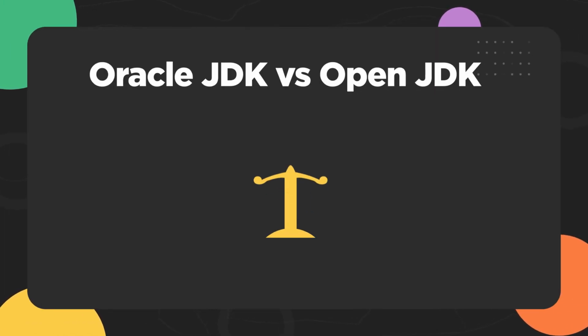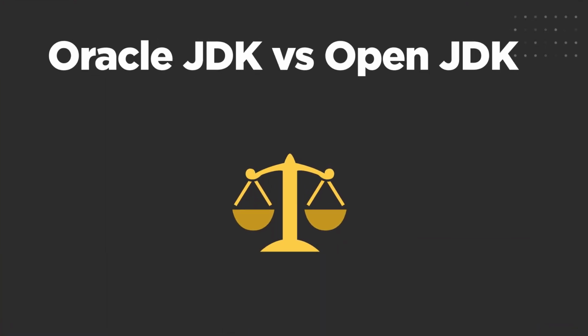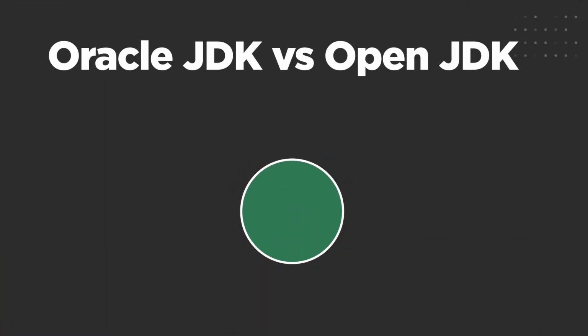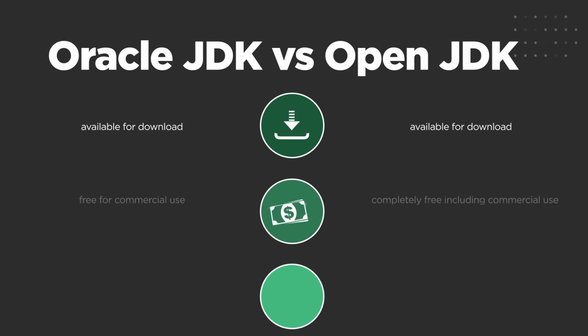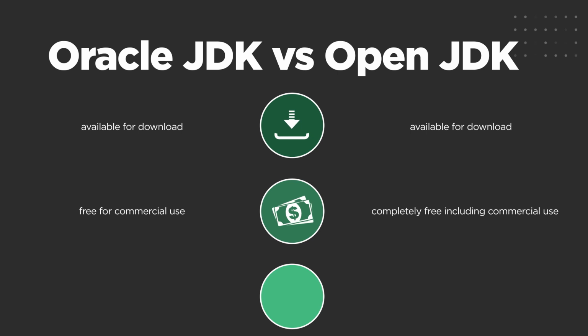Let's also discuss differences between Open JDK and Oracle JDK. You will notice that you have Oracle JDK and Open JDK available for your download. Probably the main difference for you right now is that Open JDK is completely free, including commercial use. Oracle JDK is paid for commercial use. There are also some other differences.